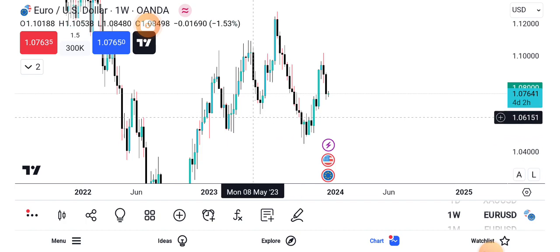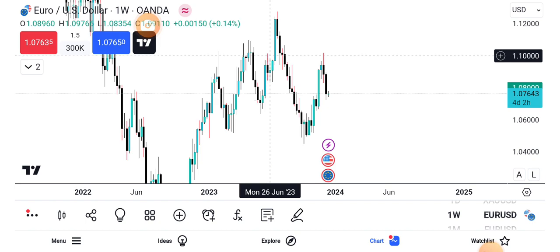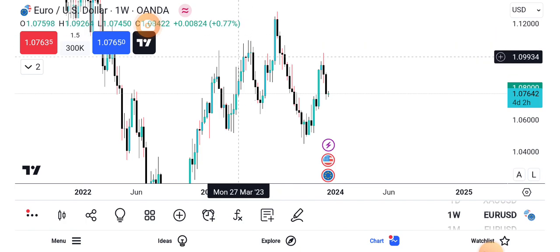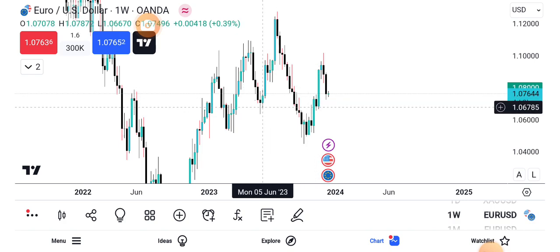Here also we have sell side liquidity as well. Above this high we have buy side liquidity resting there, and over here we have a buy side liquidity.